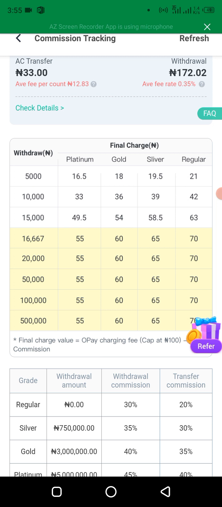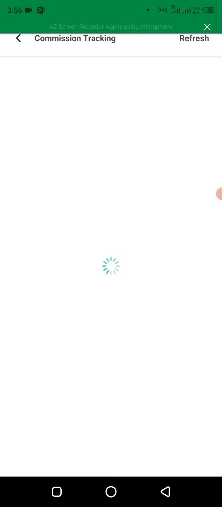The only problem I have with them is they've made the calculation too complicated for people to understand. But it's a very good thing, since agents are still getting commission and they are still getting the lowest price available in the market. Though I don't know anybody that's charging lower than this, but we'll see. Now if you withdraw 10,000 on other platforms, the average person charges 0.5%.